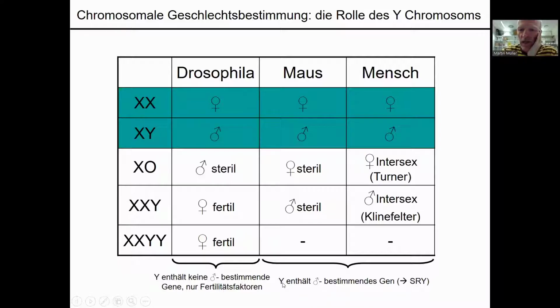There, whenever basically you have the Y, because the Y chromosome contains this SRY gene, which makes you male. In the fly, that doesn't seem to be like that. The Y chromosome doesn't contain an SRY gene, and it contains a number of genes which are required for fertility. So that's why these males here lacking a Y chromosome are sterile.